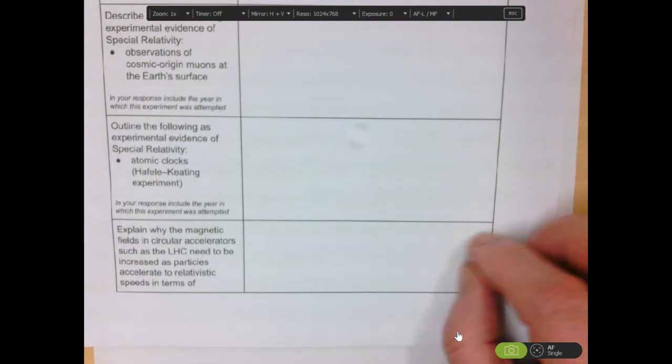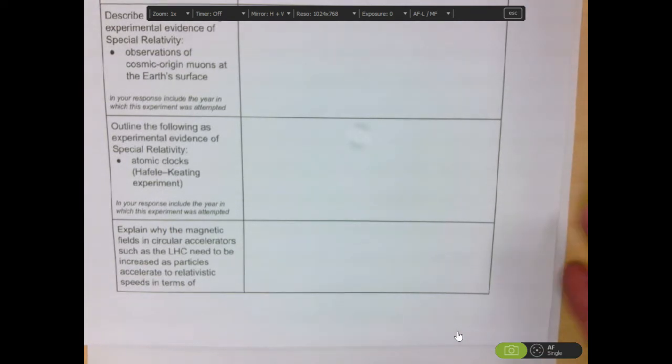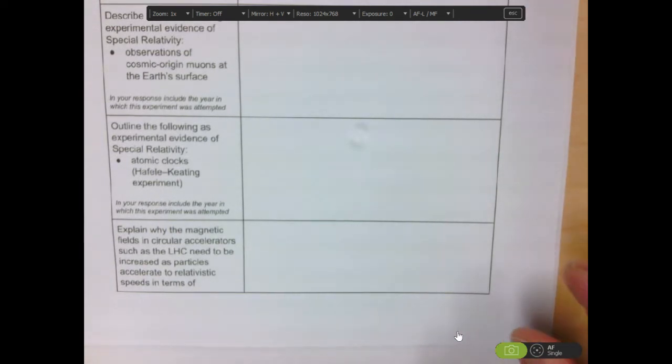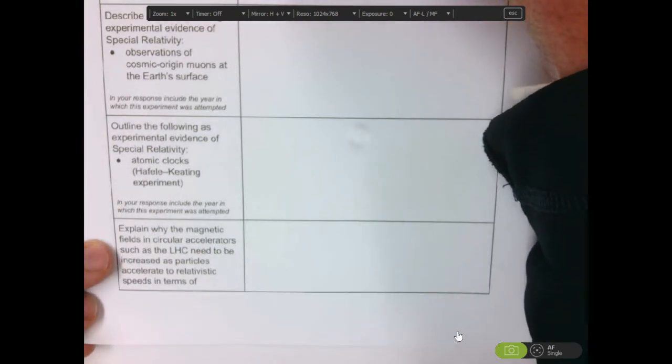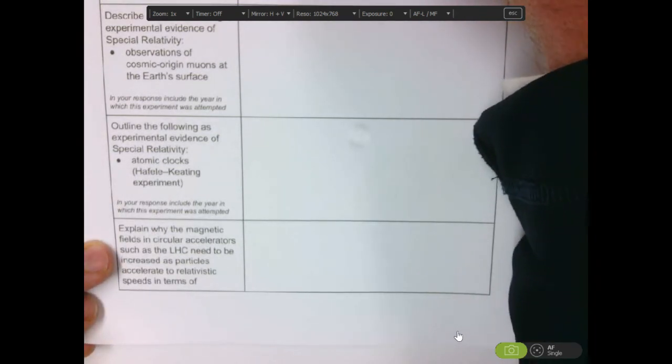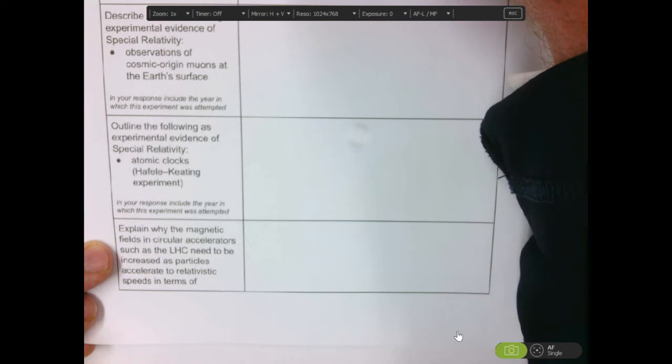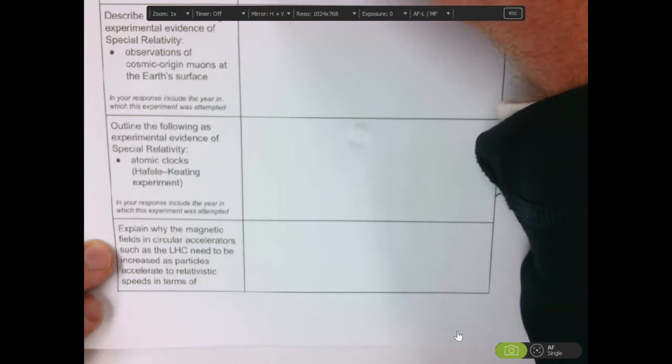Or in some places, people would like to call that relativistic mass effect. Okay, so if you go back to that problem, you may even use that as an example.